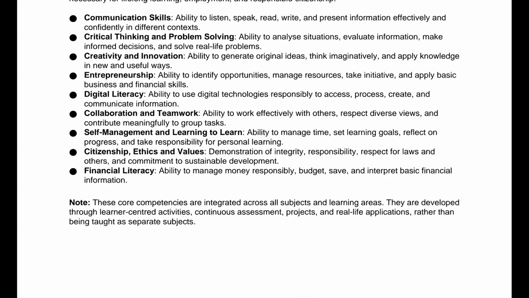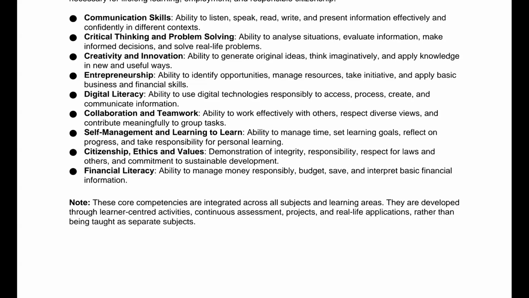So it's the duty of a lecturer that, as you design your lessons, at least some of your topics are designed in such a way that they help your students to work effectively together, to respect diverse views, and respect the opinions of others. Those are skills that you want to impart in your students.